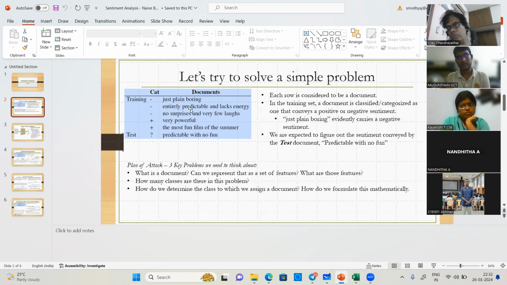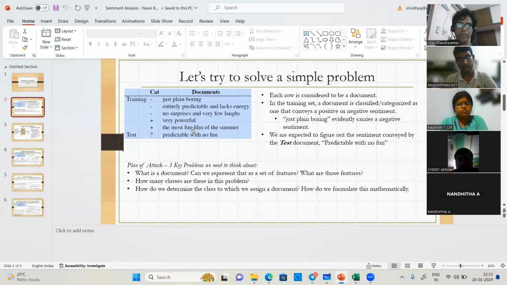So of course, we're talking of supervised learning, which means each of these documents is tagged to a particular sentiment. Evidently, the first three documents would be tagged to a negative sentiment. The last two documents are tagged to a positive sentiment.